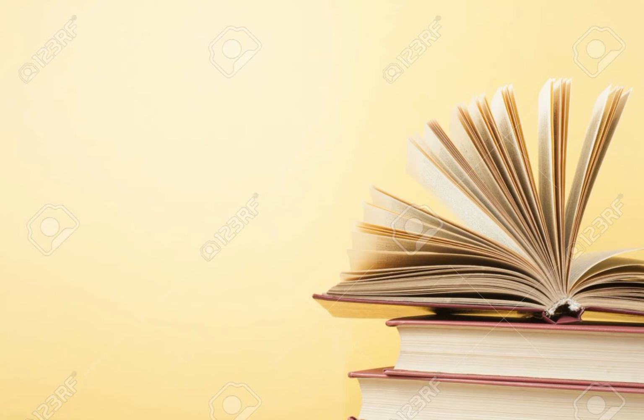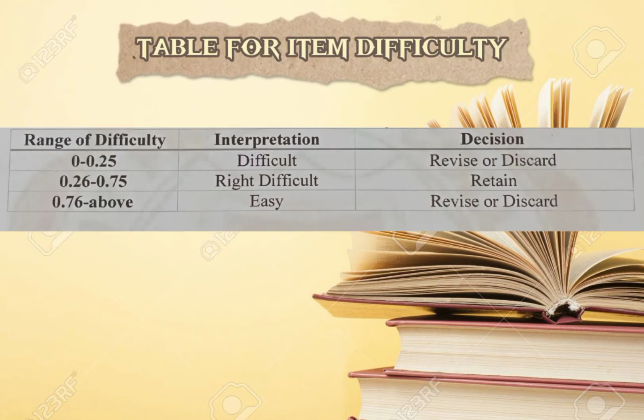For the interpretation of the result, we can see it in the table for item difficulty. The range of difficulty from 0 to 0.25, the interpretation is difficult, and the decision is to revise or discard. From 0.26 to 0.75, the interpretation is right difficulty, and the decision is to retain.